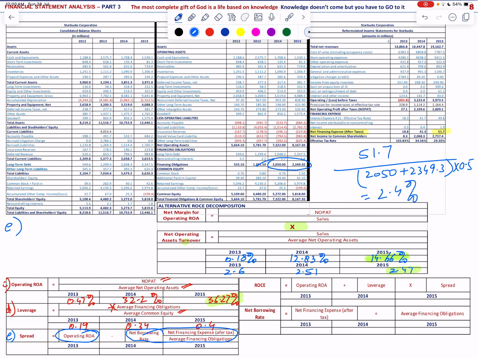So this is 2.4%. For 2014 this will be 2.5%, and 2013 it will be 2%.